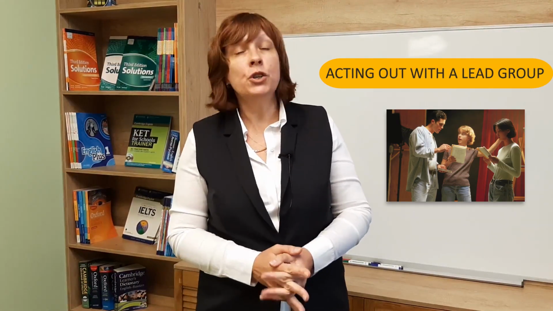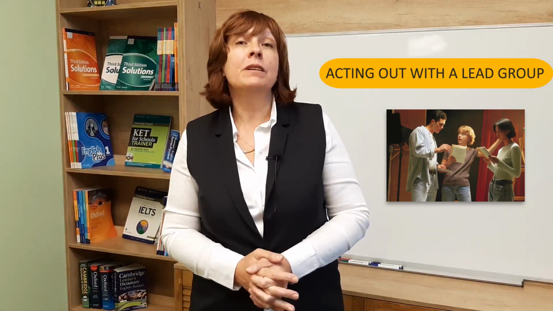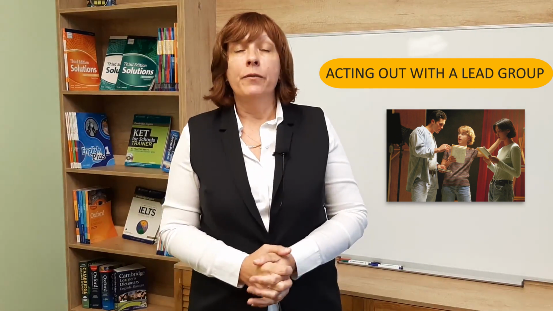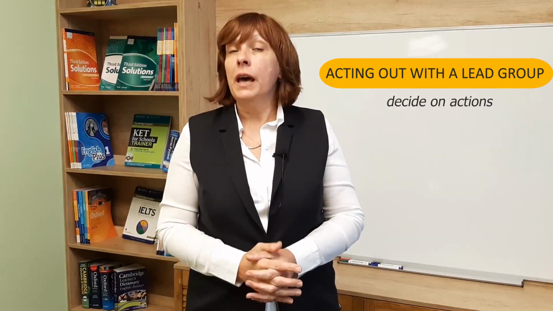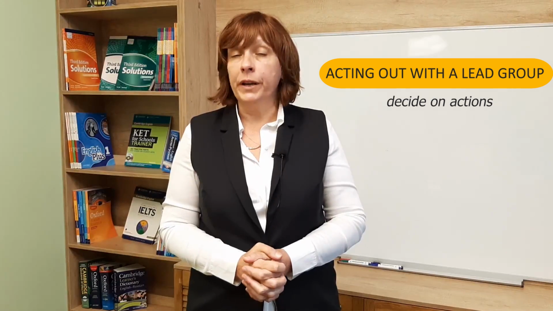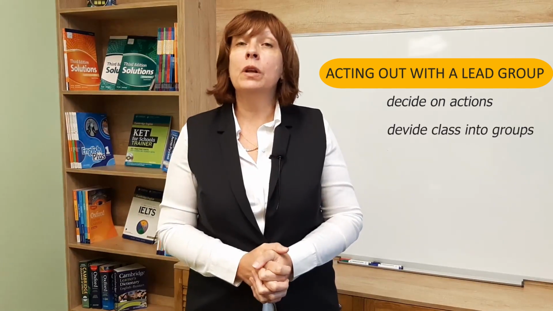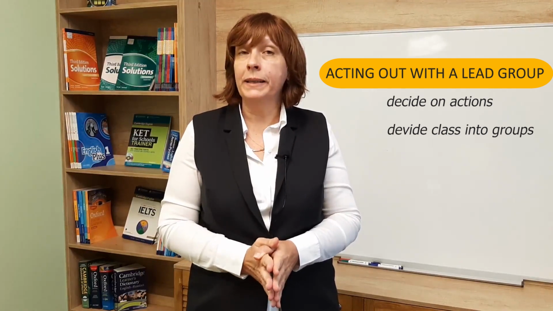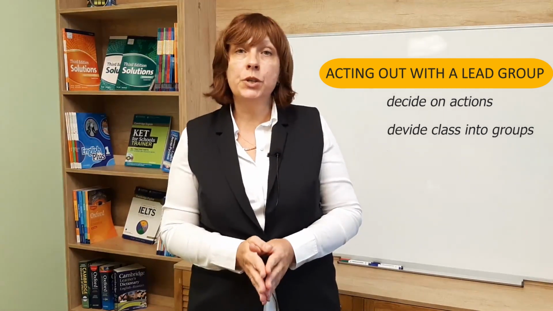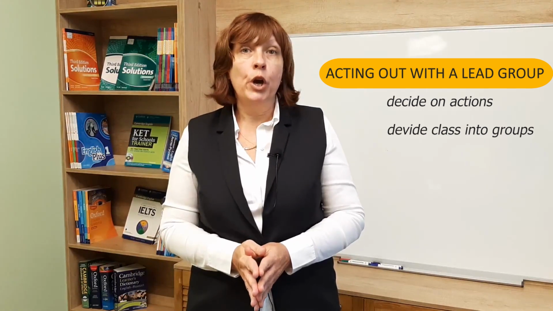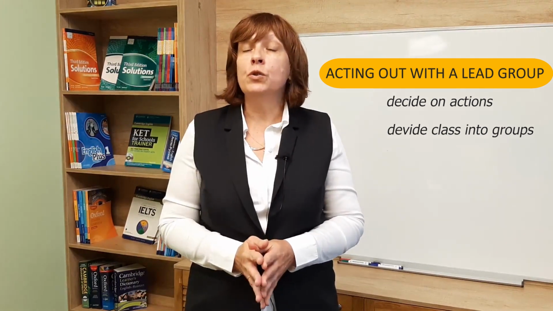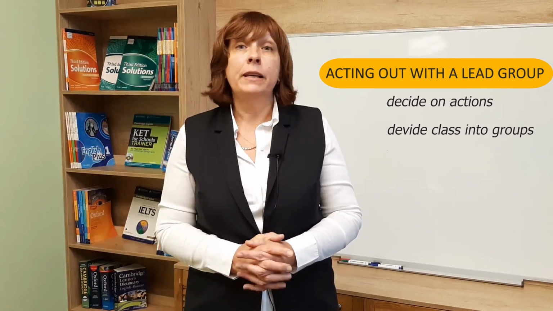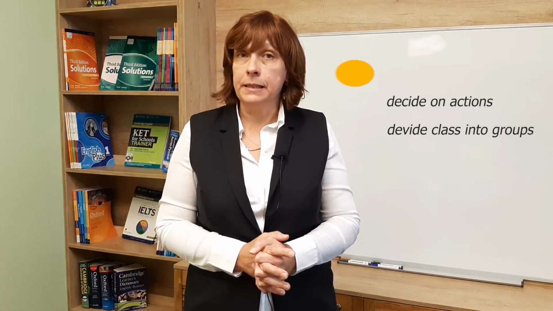This is a combination of the two previous procedures. Firstly, you decide as a whole class on actions, then you divide your class into groups so that there is one child to play each character. But this time, all children should be facing the front of the class and they don't need to leave their seats.